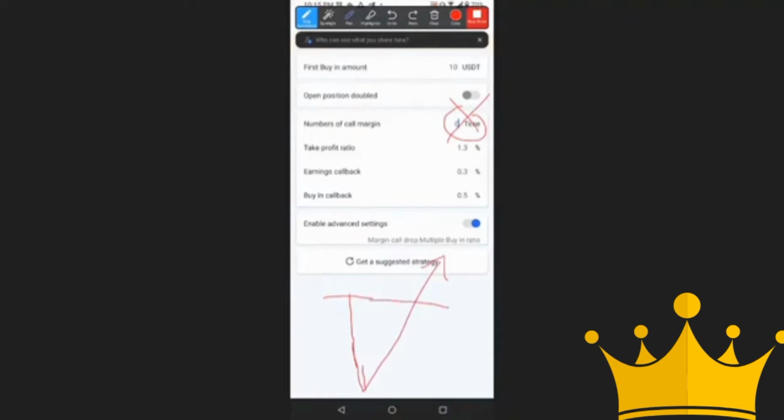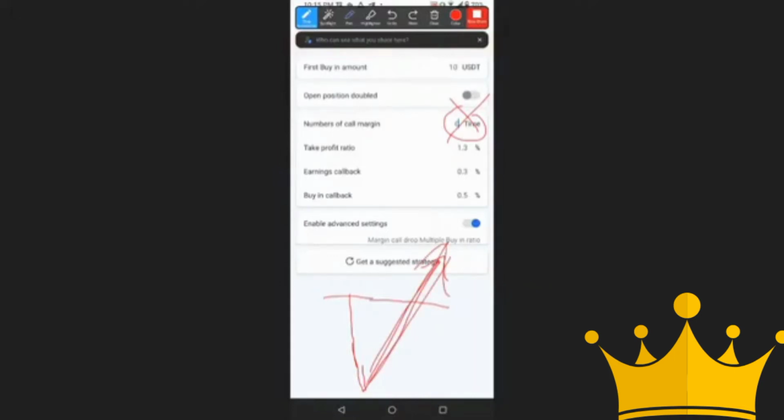The reason we use a bot is so that the bot can help us do dollar cost averaging using the martingale strategy while we are sleeping. In case the price dumps or goes down while we are sleeping, the bot can use that opportunity faster to buy more positions, and we can make more money in that process. But if you turn it off, you need to wait until the price goes all the way up here.